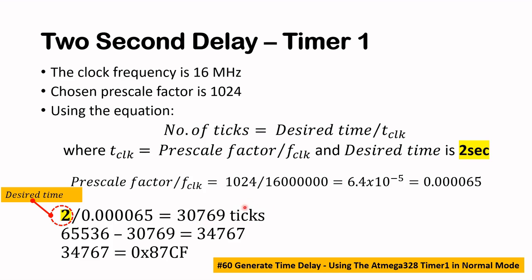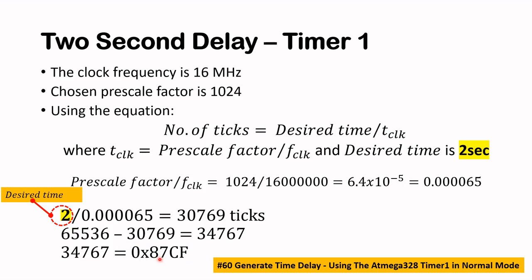30765 ticks. And then I have 65536, that's from 16 bits, and I subtract that. So 65536 subtract 30769 gives me 34767, and that is equal to a hexa of 87CF.